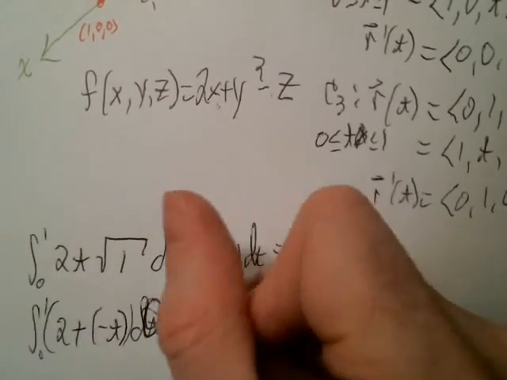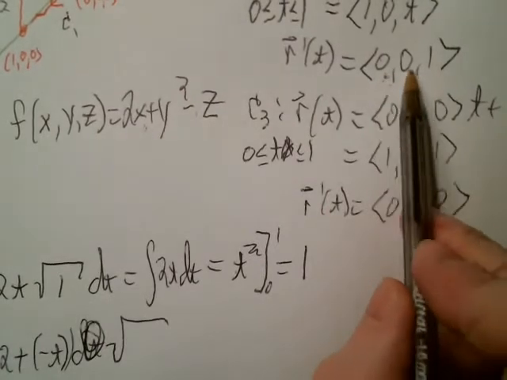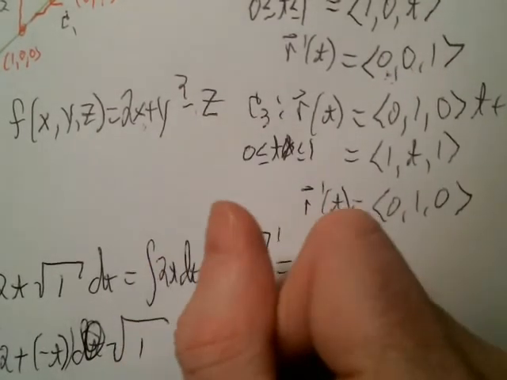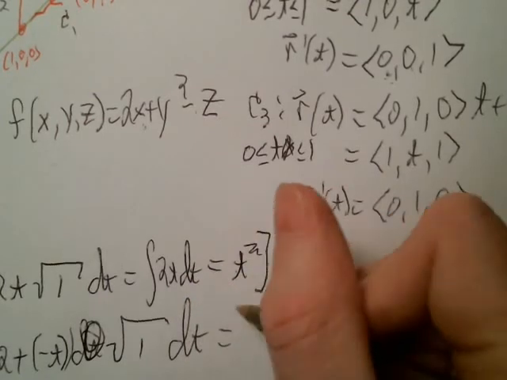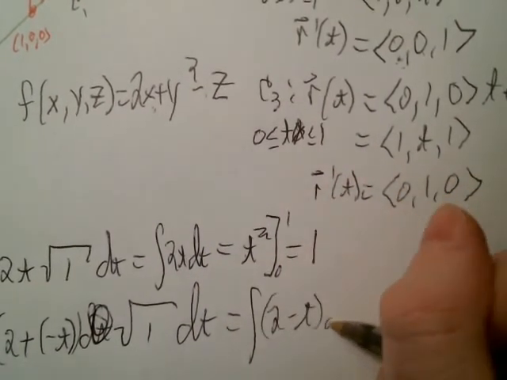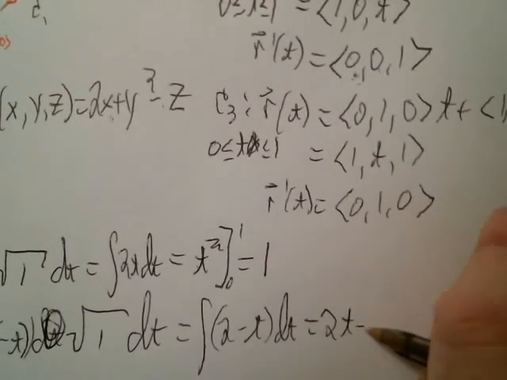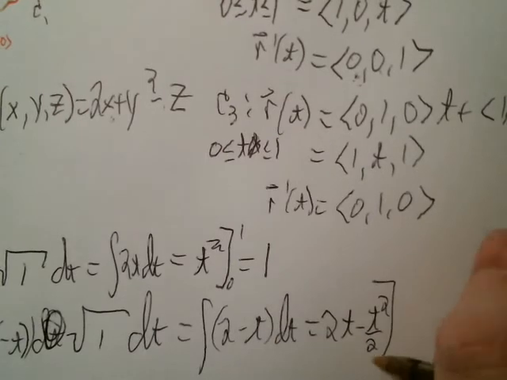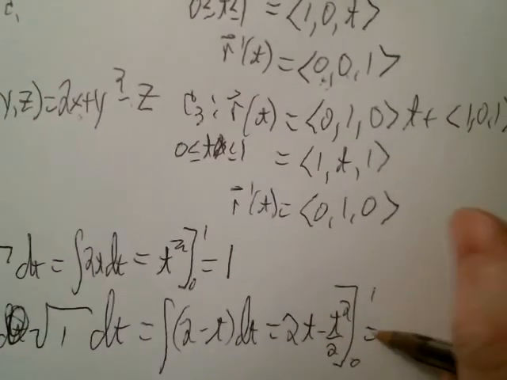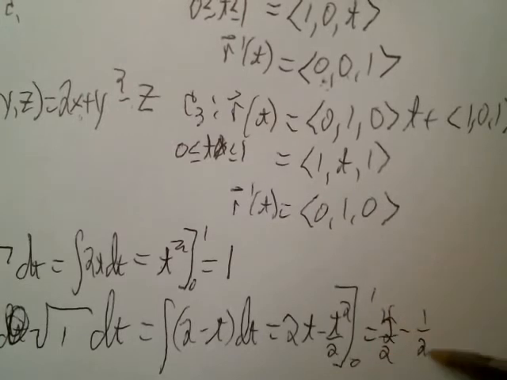Oops, and I forgot the square root of all that junk squared, but it'll just be 1. 0 squared plus 0 squared plus 1 squared is just 1 again. So in this case, I'll have 2 minus t dt. And then integrating, I have 2t minus t squared over 2 from 0 to 1. So it'll be 2 minus a half, or 4 halves minus 1 half, which is 3 halves.